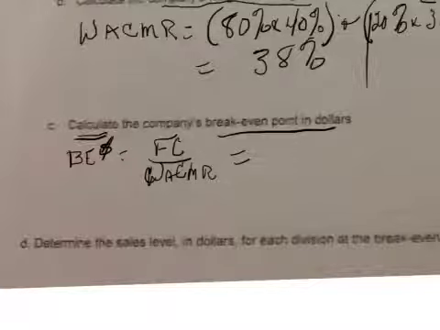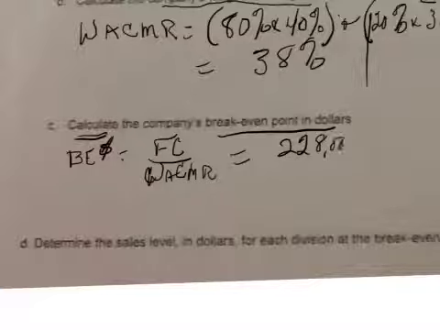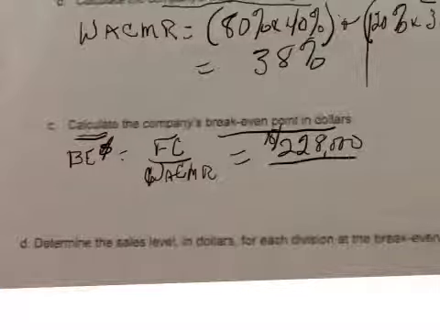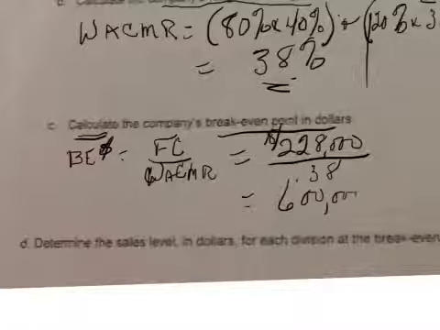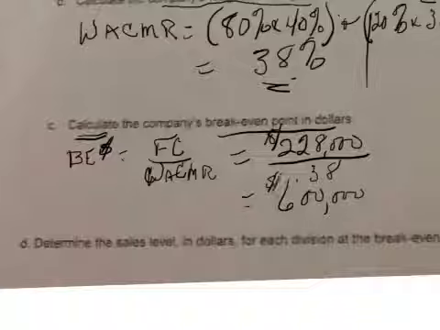And the fixed cost is $228,000, and the contribution margin ratio is 0.38. So the weighted average break even then is $600,000 in sales.